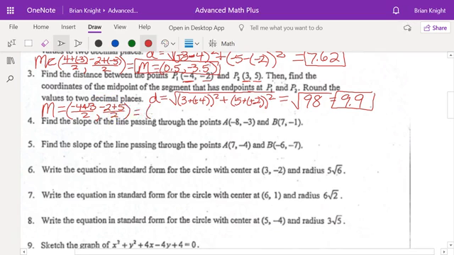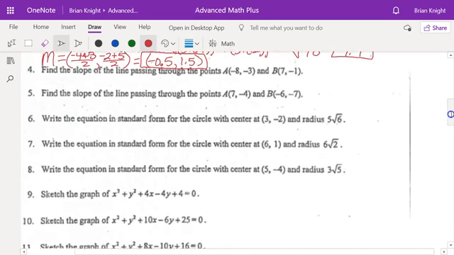So that would be -1/2, -0.5, and 3.5, or 3/2 is 1.5. Okay? Any questions?